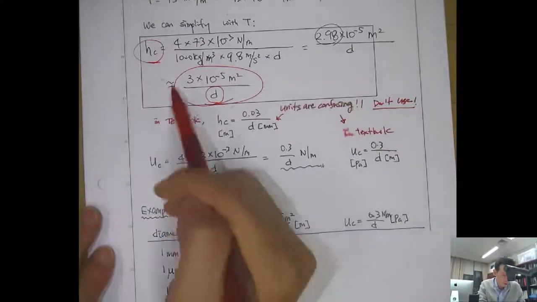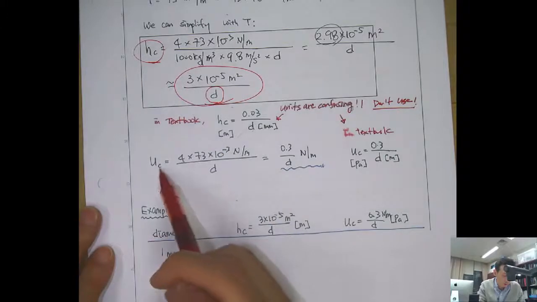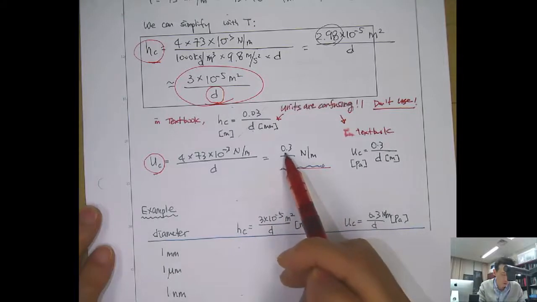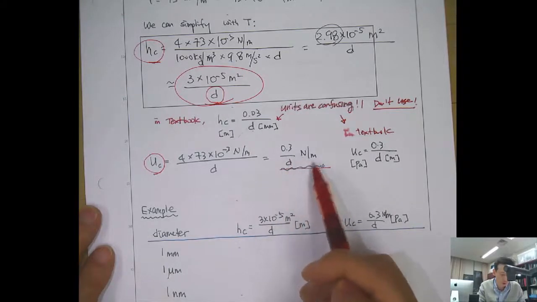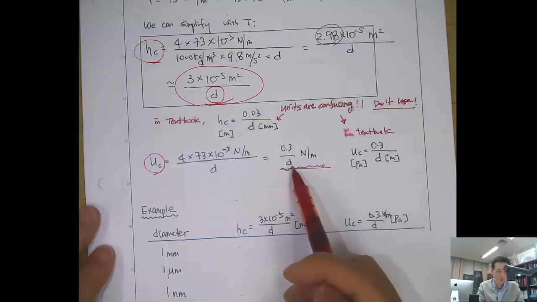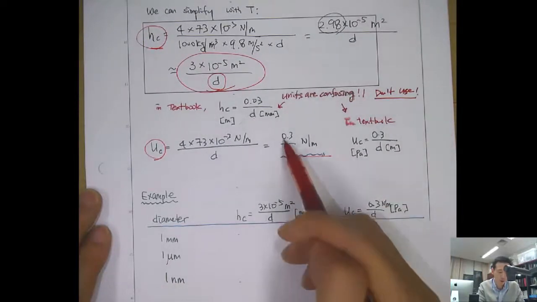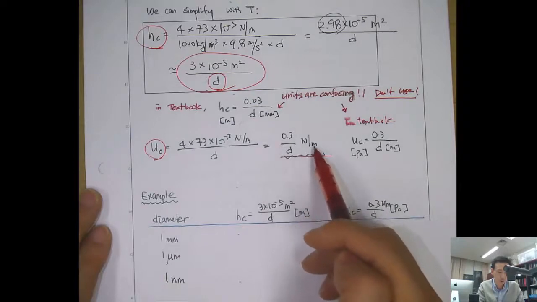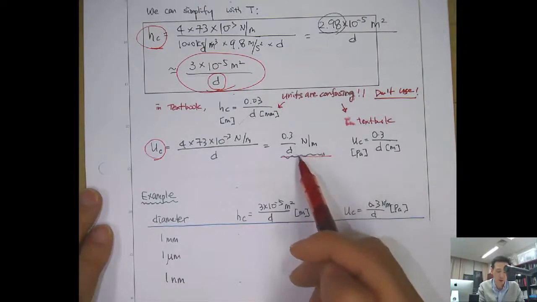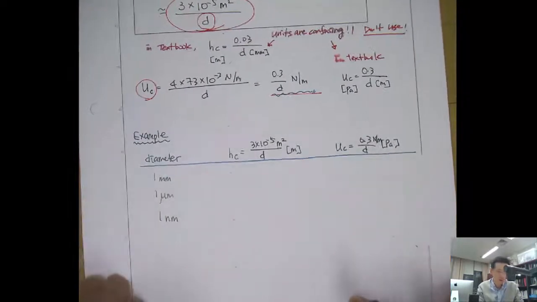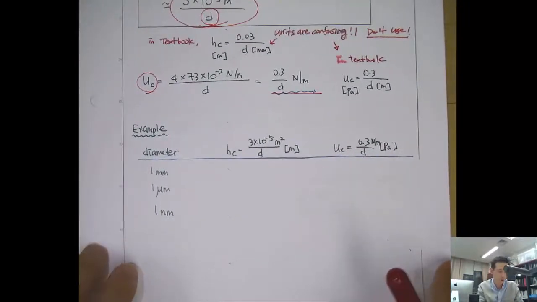Anyway, if you follow the same rule and get the capillary pressure in the same way, you end up with this equation, 0.3 over d Newton per meter. So if the pore size or the tube diameter is 1 meter, then it's 0.3 Newton per square meter, so that's 0.3 Pascal. You can practice with this example. We're going to solve it together in the lecture.